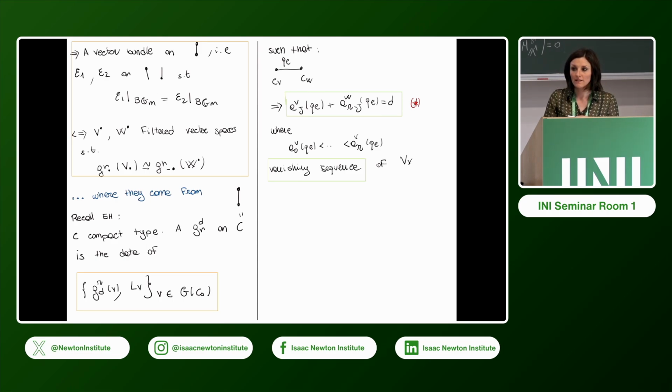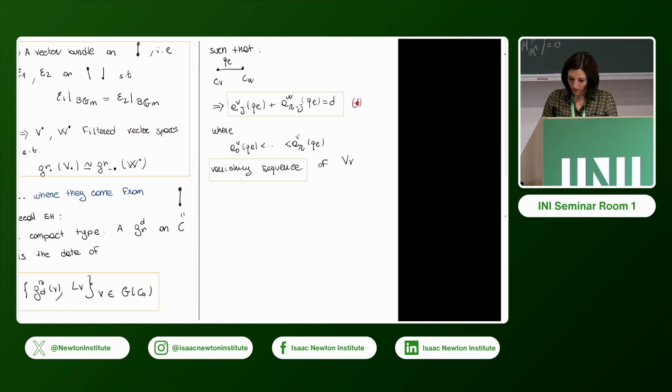Any question about that? So we have these two vector spaces of sections, one on the component CB, one on the component CW. If I look at the orders of vanishing of these sections at the point Q, I get an increasing sequence of r+1 distinct numbers. And then what I ask is that the vanishing sequences at the node of these two linear series agree in the following sense.